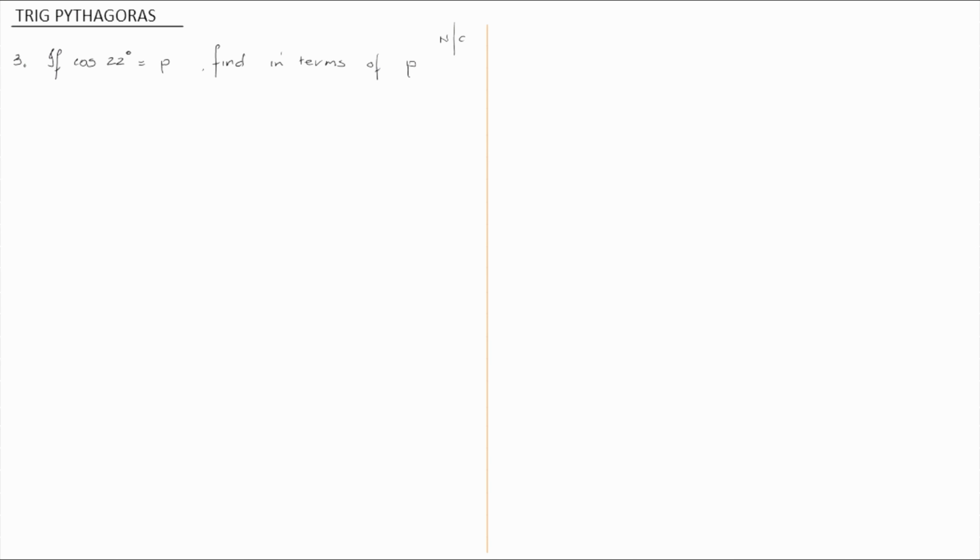Series of Pythagoras questions. 22 is in the first quadrant, so you have no choice of where to draw your Pythagoras diagram. So we're going to draw it in the first quadrant.